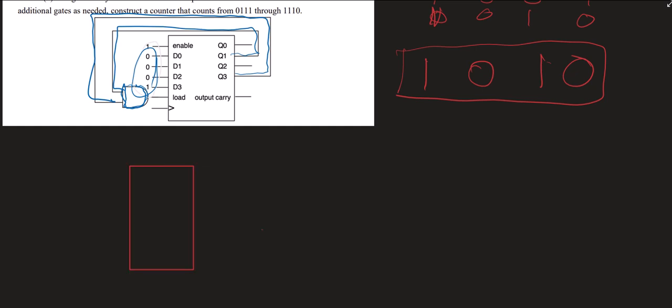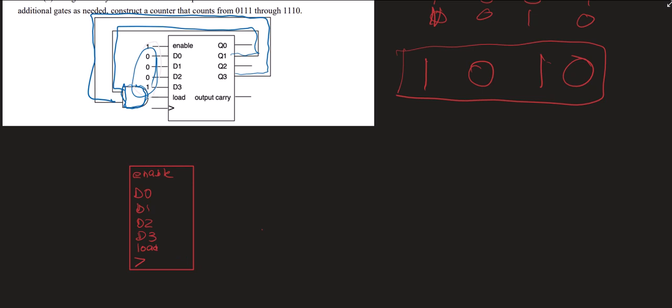All right, and so we have enable, D0, D1, D2, D3, load, clock, output carry, which we're not using.